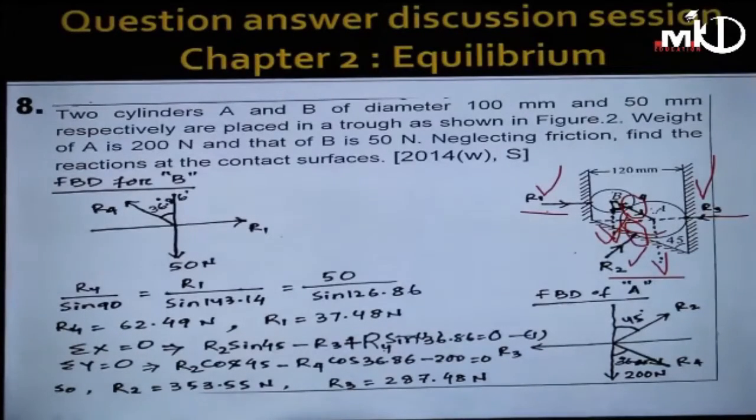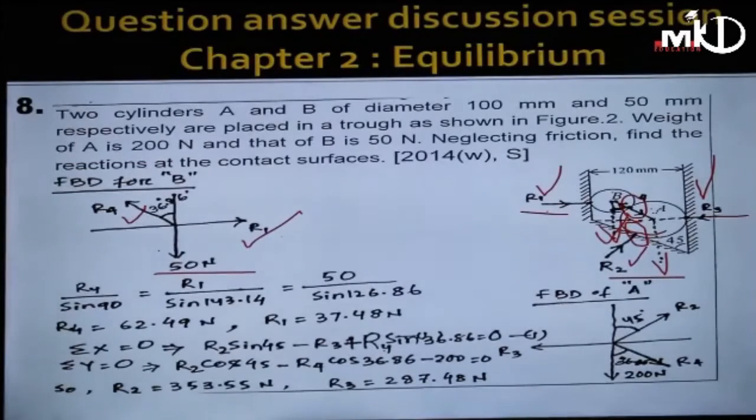Here it is R4. Now come to the free body diagram. If you consider body B and body A, we will have the minimum number of forces in body B, because here R1 and this is R4, another force is the weight, that is 50 Newton.